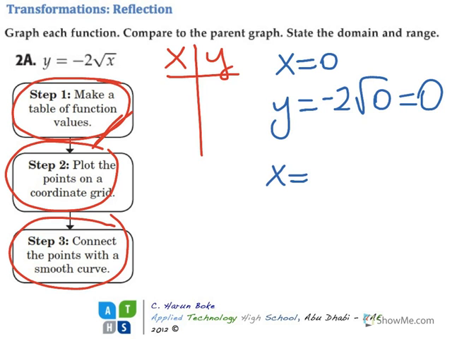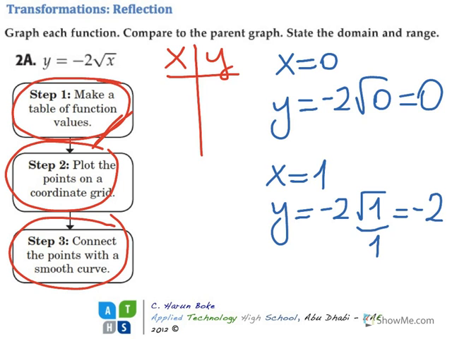For x is 1, y is minus 2 times square root of 1. The square root of 1 is actually 1, so it's minus 2 times 1, which is minus 2. So let's write these down. For x is 0, y is 0. For x is 1, my y is minus 2.